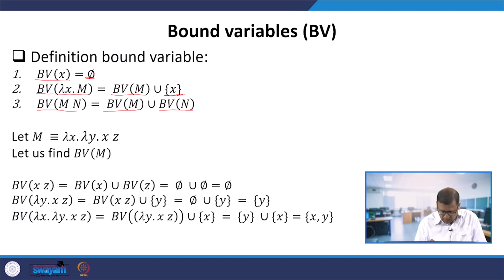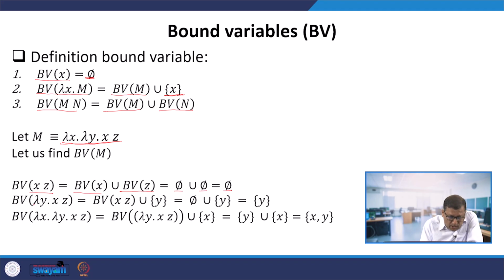Now let us work out this example, lambda x dot lambda y dot xz. Here we see that z is free, x and y are bound. So the bound variable answer we know intuitively is x and y. Let us work it out according to this definition. Bound variable of xz, let us do this first. Bound variable of x union bound variable of z is empty set union empty set, which is empty set.